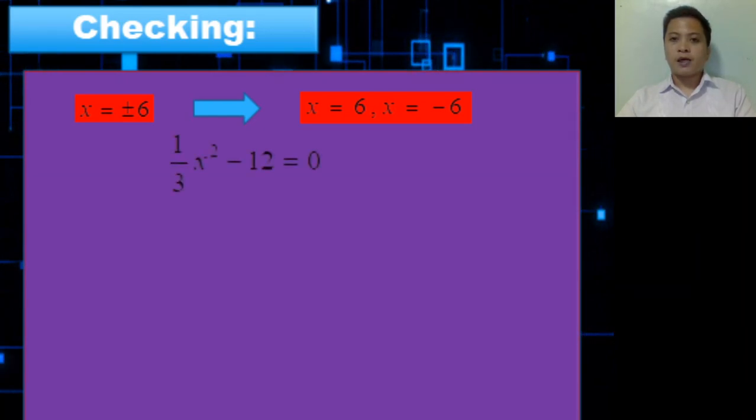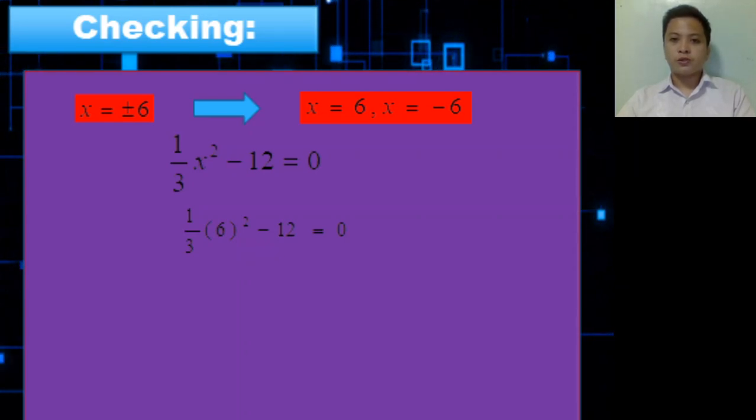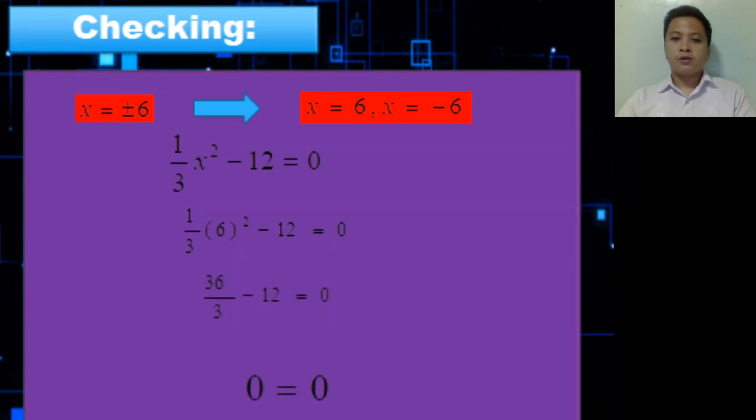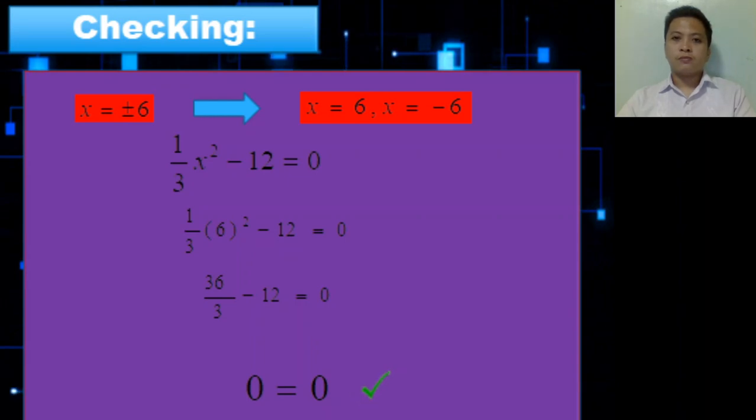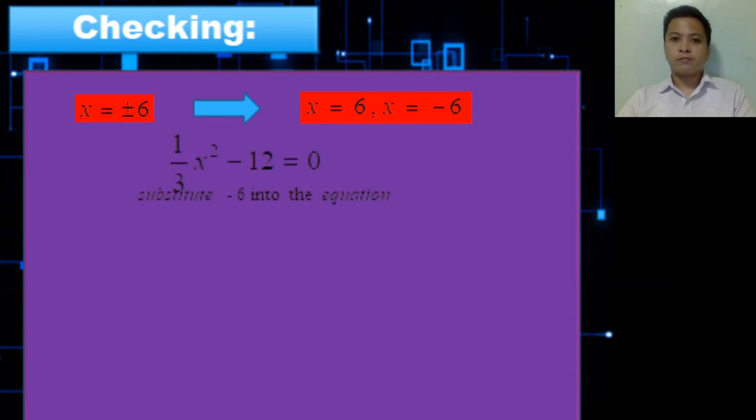We will use positive 6 first. Substitute 6 into the equation. We will have 1/3 times 6 squared minus 12 is equal to 0. Solve. We will get 0 is equal to 0. Now we will use negative 6.